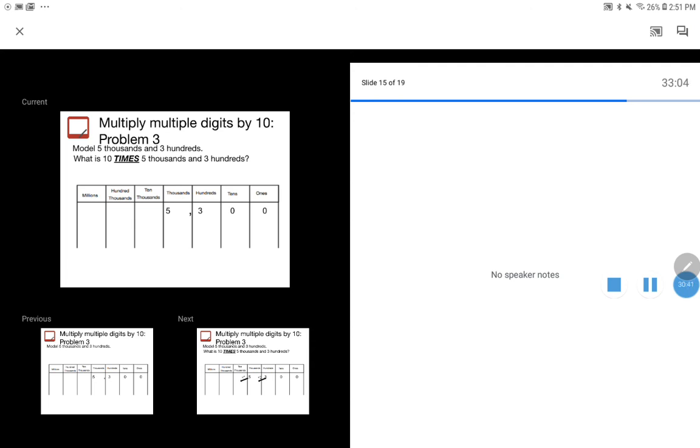Okay, I got it. Oh my goodness, I know what it is. When I multiply by 10, they slide over to the next place value. And so what's my answer, Jaden? 53,000. Perfect. Very good. Okay, go ahead and erase.